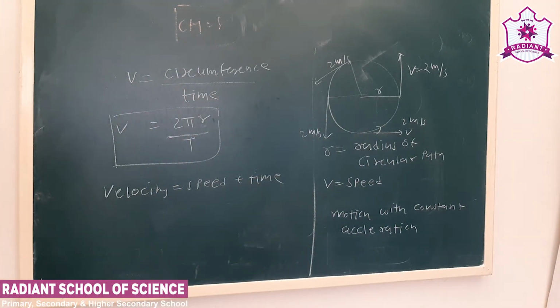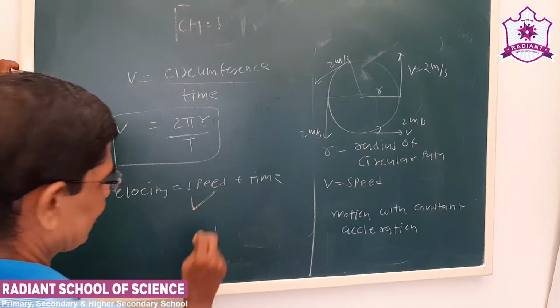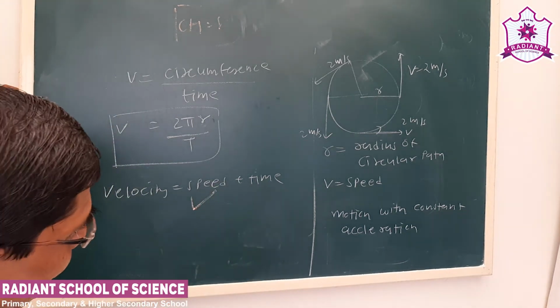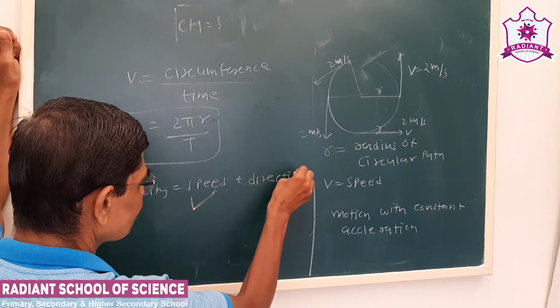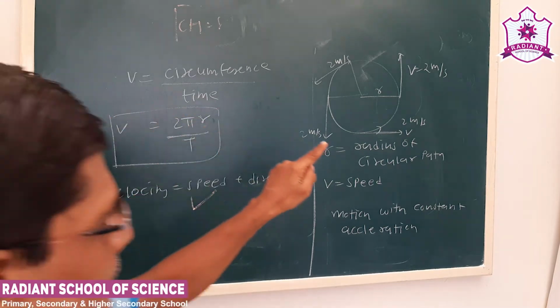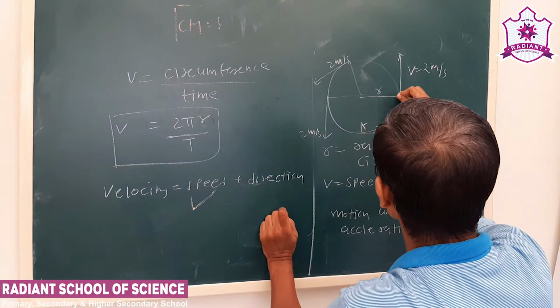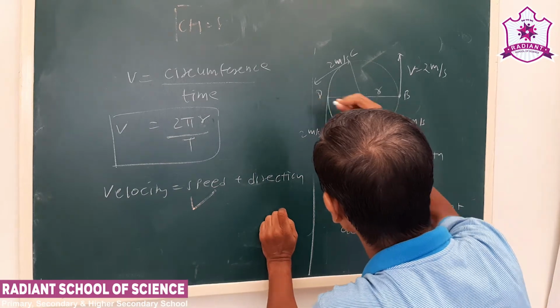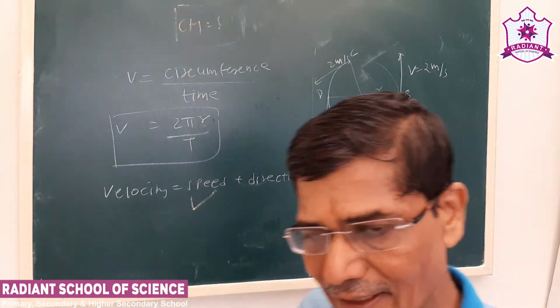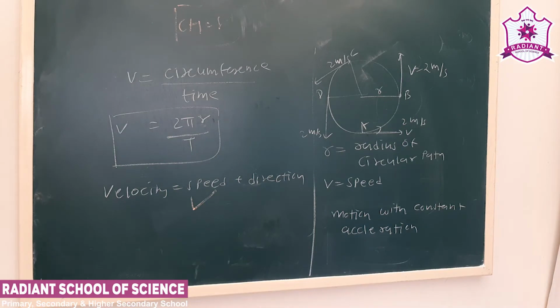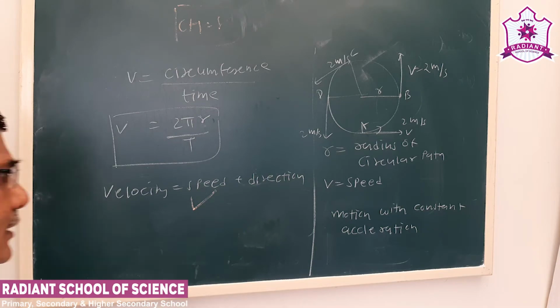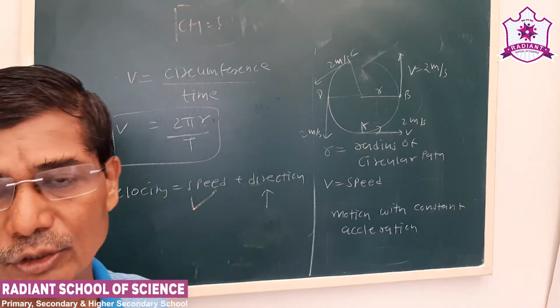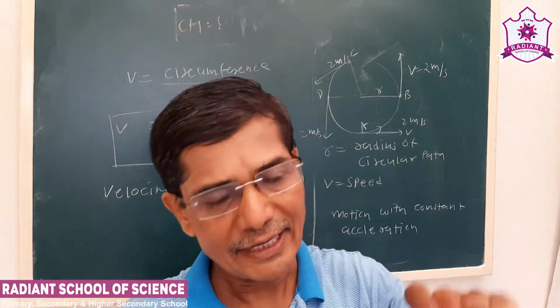But remember, velocity is speed plus direction. Here at points A, B, C, D, at each point the speed is the same. Let us say we take the value as 2 meter per second. But you see the direction is continuously changing. So that's why such motion, uniform circular motion, is called accelerated motion.